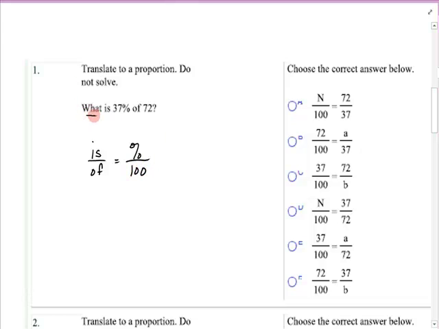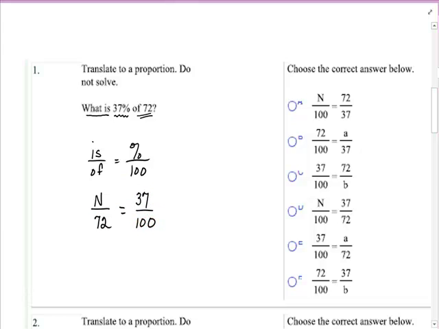What is 37% of 72? What is? That means that we don't know the is number. Let's put it in. Of, the of number is 72. The percent number is very obvious, 37, and it's over 100.